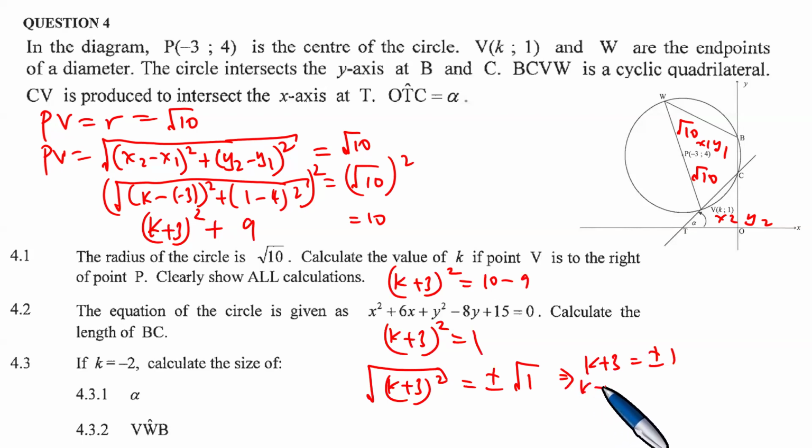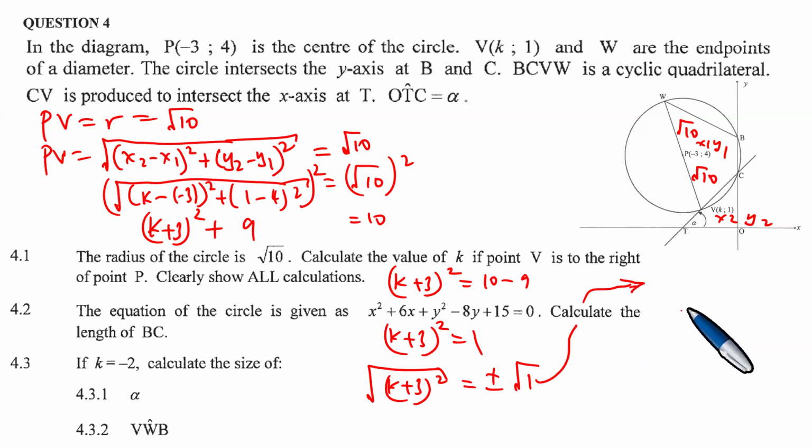Now, let me write a little bit up here. So at this point, you have k plus 3 equals plus or minus 1, because the square root of 1 is 1.